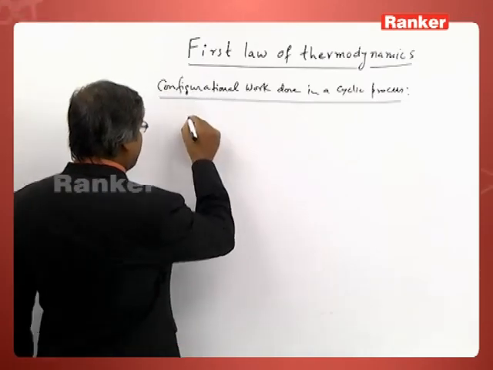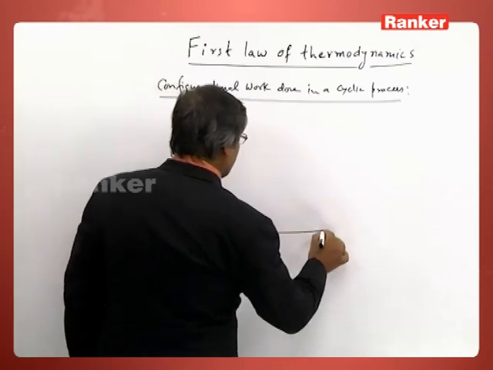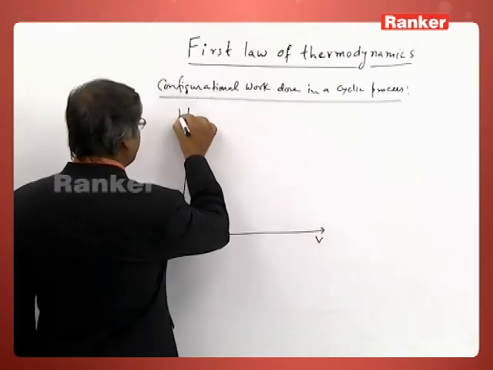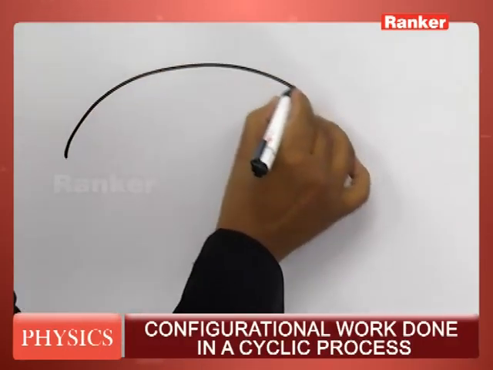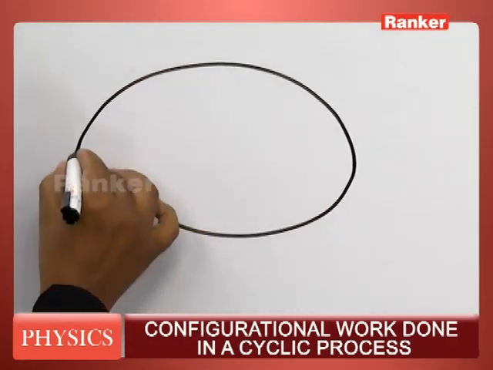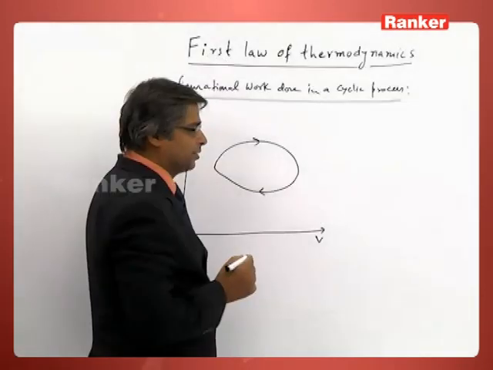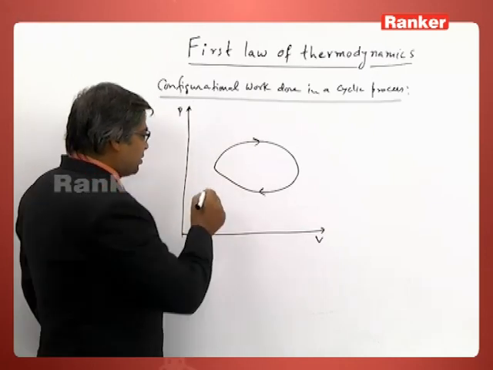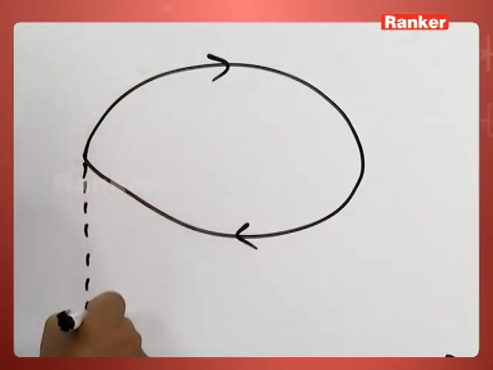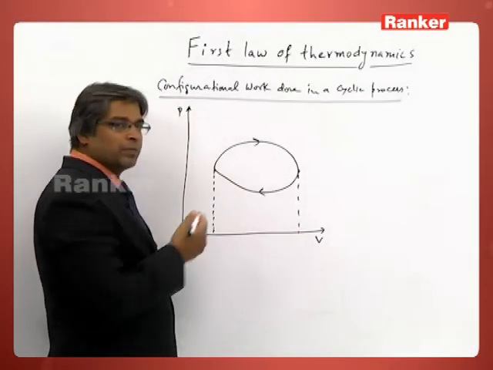So let us see, this is a cyclic process. On the PV diagram, this is the indicator diagram, and we have a cyclic process like this. We want to know what type of system it is.